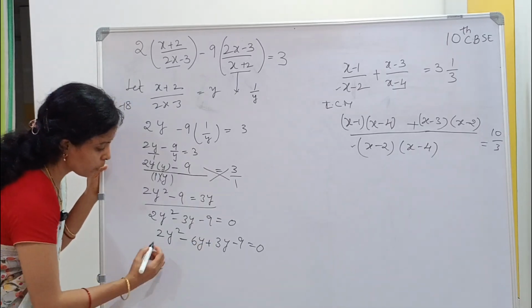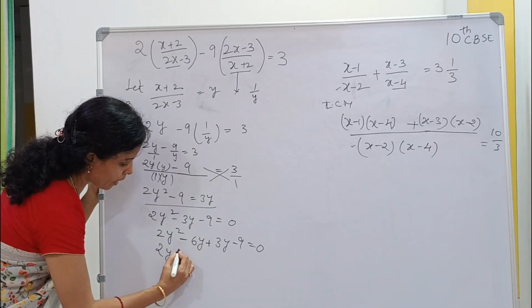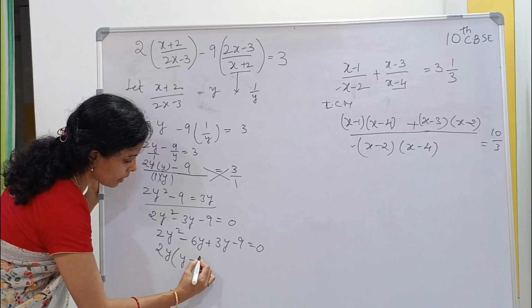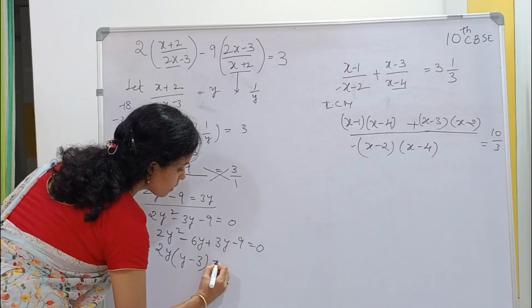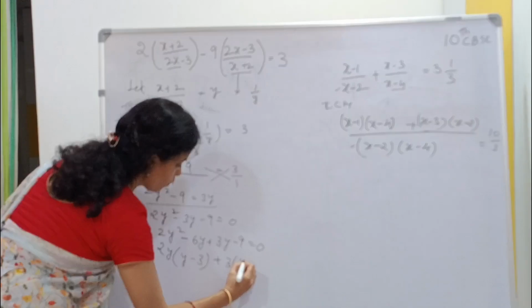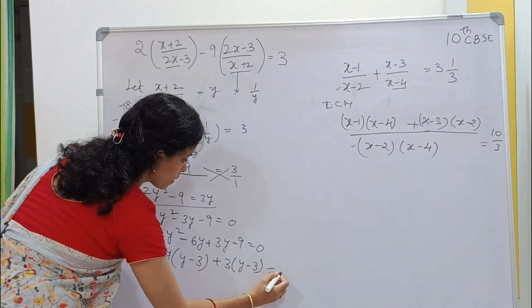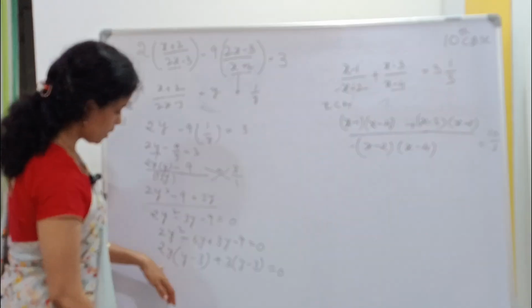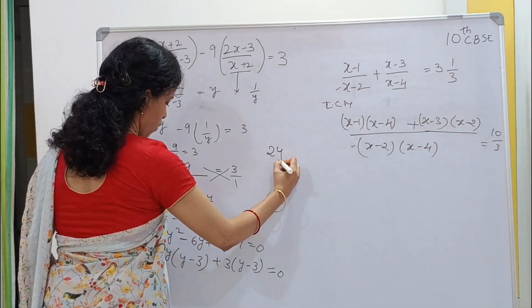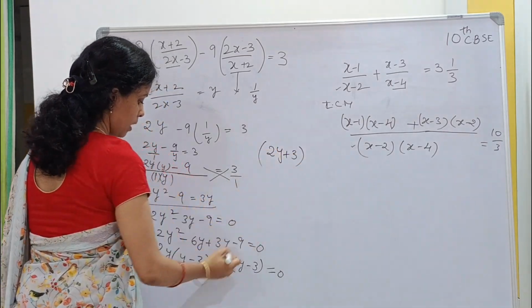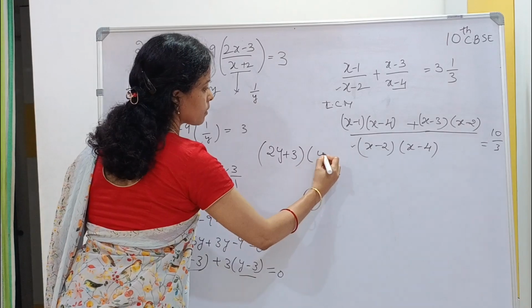Okay, let's take common 2y into y minus 3, plus 3 common y minus 3. So the equation now, we can take 2y plus 3 as common: 2y plus 3 and y minus 3, y minus 3.